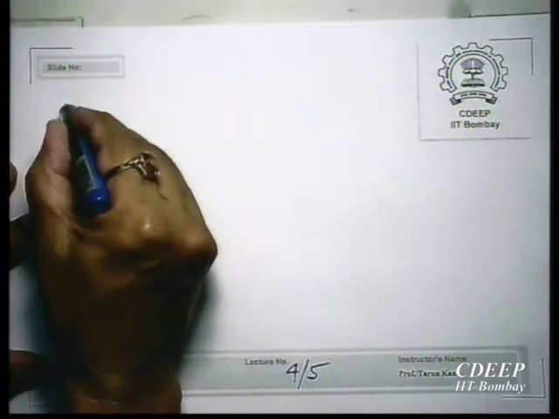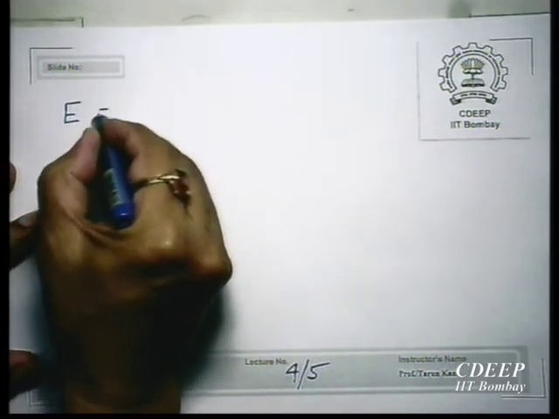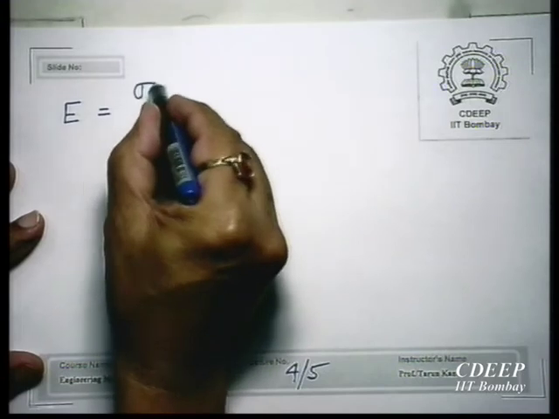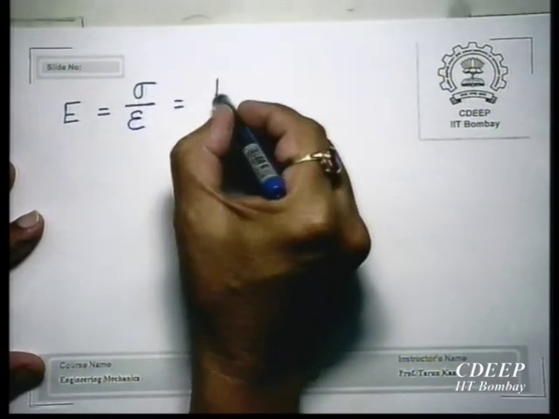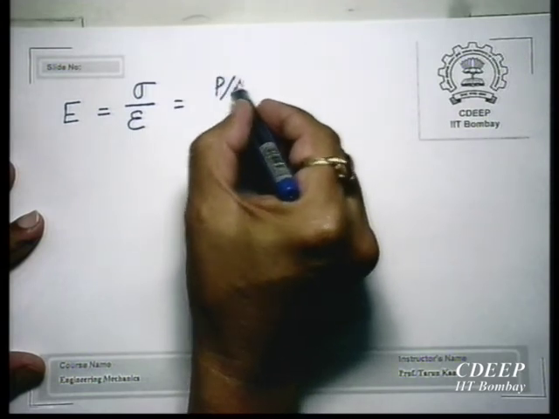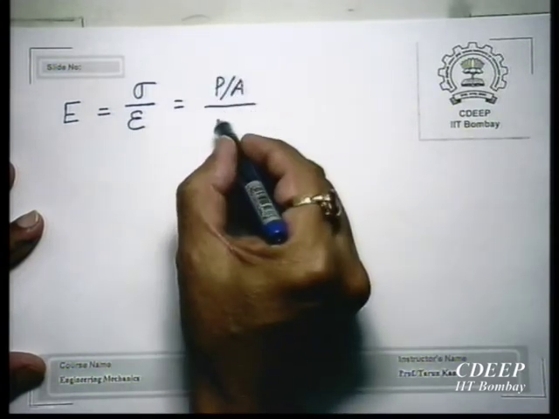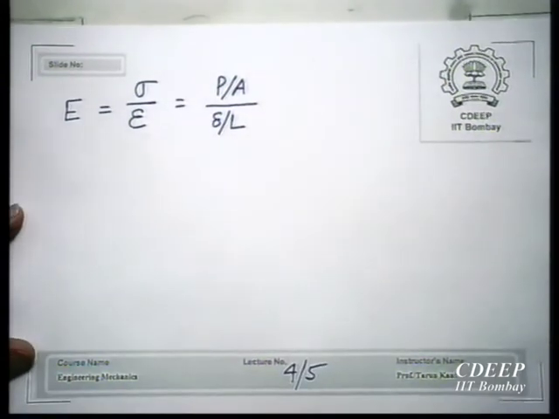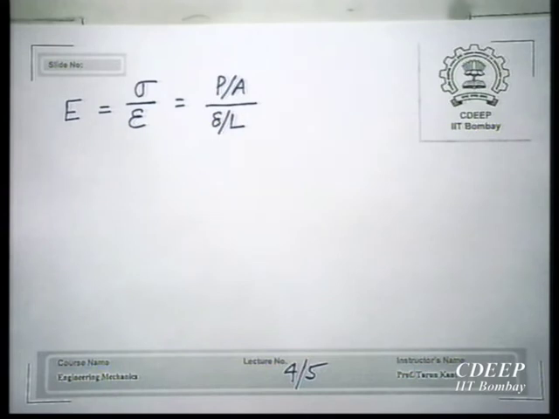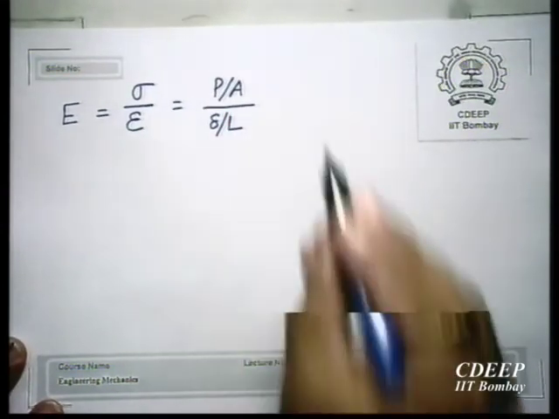So, E is stress divided by strain, and stress is given by P by A, and strain is given by delta by L, approximately. So, what is this?